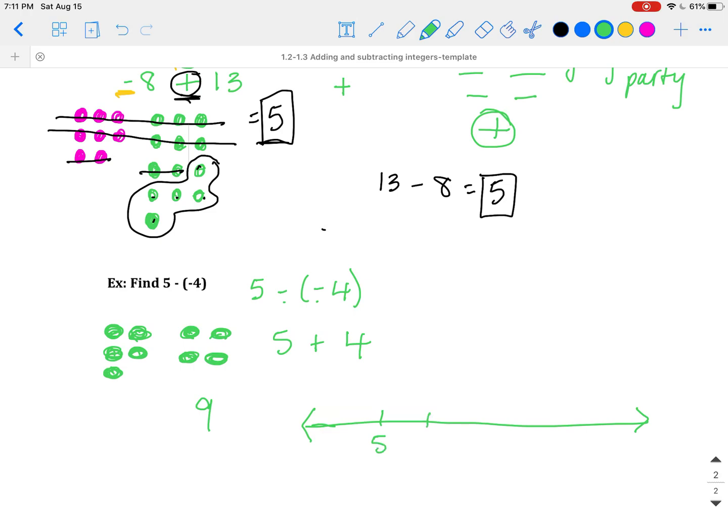Why not, since I didn't do the last one? And I'm going to do 5, 6, 7, 8, 9, 10, 4. We start at 5, and we are going to move a positive 4. So 1, 2, 3, 4 to the right, and we end up at 9 as well.